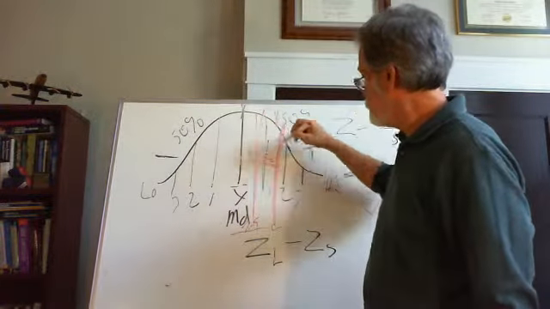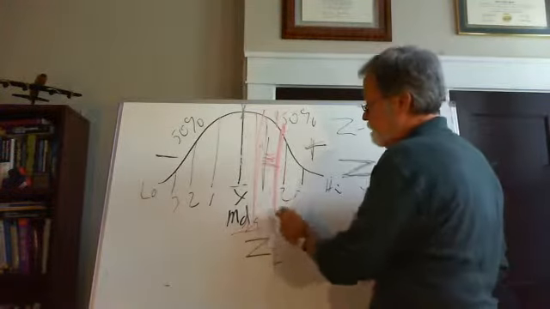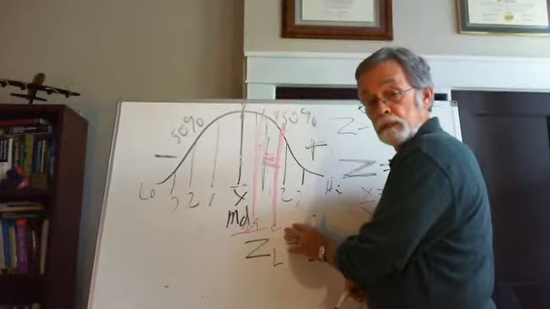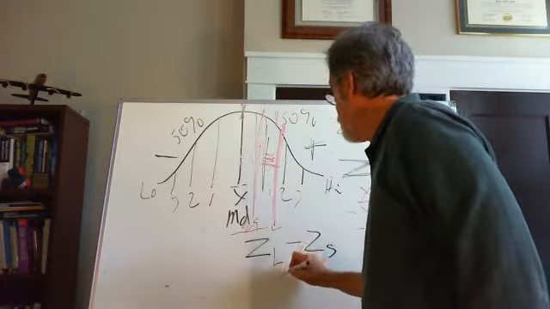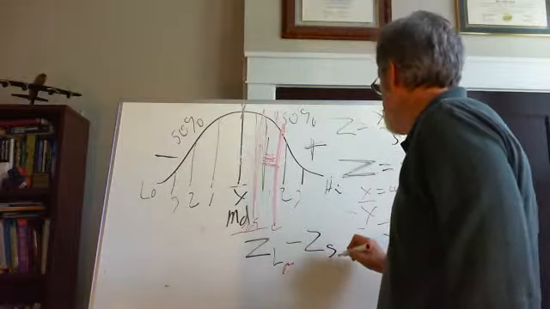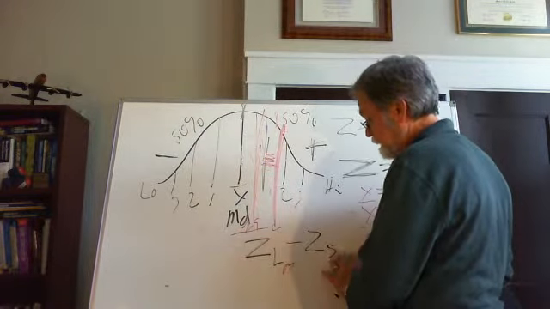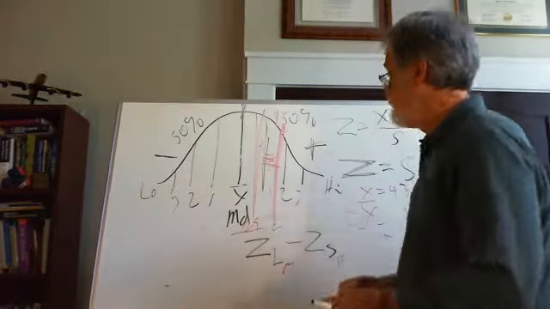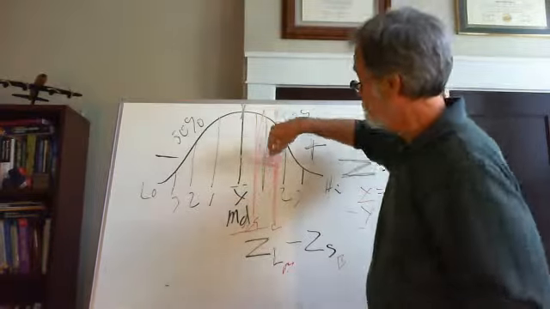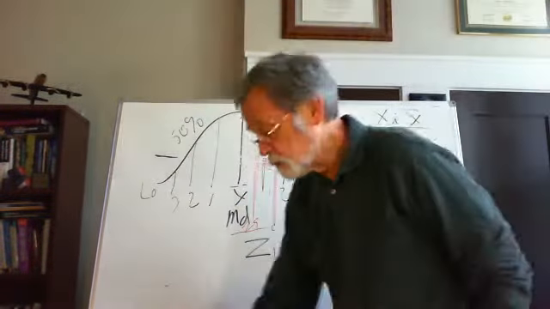This whole thing is the large location, so we subtract the percentages that we would get from column B. We would subtract Z small column B from the large column B in the appendix, and the difference would be the amount that's in between. So that would be a fairly straightforward representation.